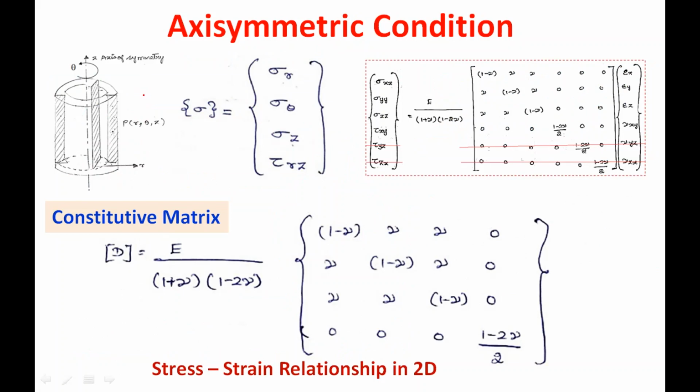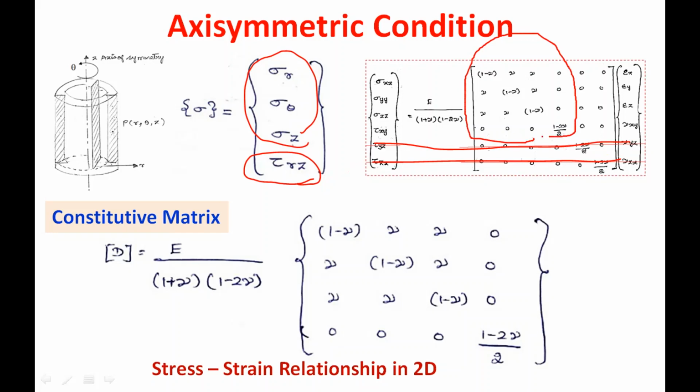For this axisymmetric condition, we have three normal stresses and one shear stress in the RZ plane. So we follow a similar procedure to what we followed for the plane strain condition. From the 3D stress-strain relationship, we can eliminate the two shear stress components. So we get the remaining 4 by 4 matrix for the stress-strain relationship in the axisymmetric case.